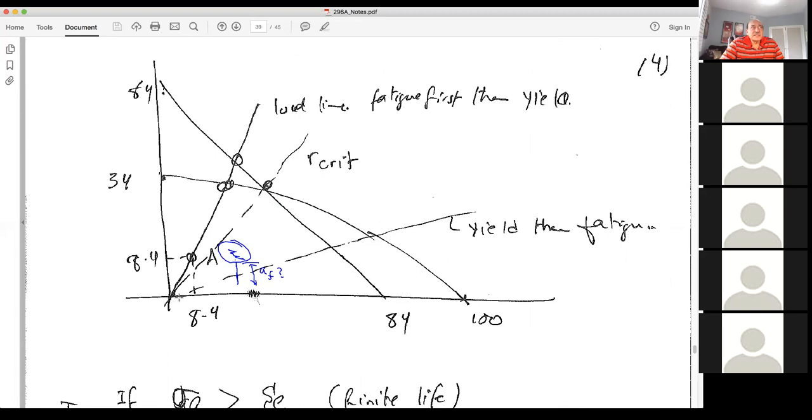As the load increases, both the value of the alternating and the mean increase in proportion. So increasing the load will at some point cross the Langer line here and will cross the Gerber line, for example. And therefore, we have to see, with a given load line, will the yield come before fatigue? Or if the load line has a different slope, will the fatigue come before the yield?